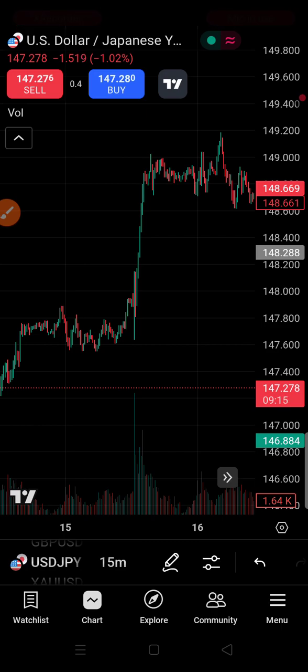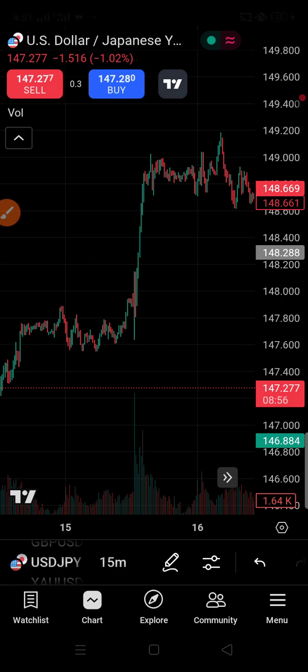One thing about the market is that an imbalance is created in the market, and then the market must always come to close the imbalance. We don't know when, but we know that the imbalance must be closed.